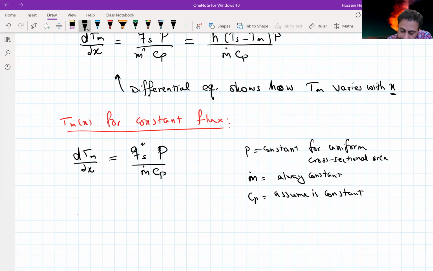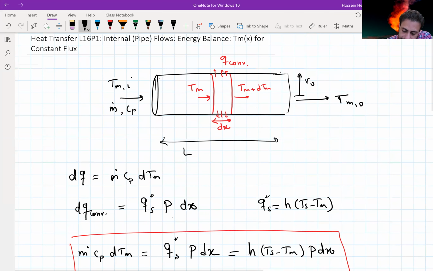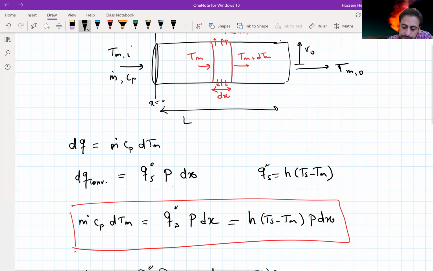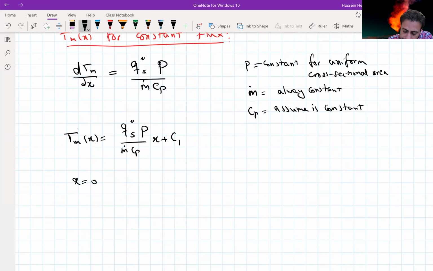Now, if I take the integral of this equation, I get Tm of x equals q double prime s P over m dot cp times x plus C1. For this pipe flow, at the entrance, x equal to 0, the mean temperature is Tm,i.